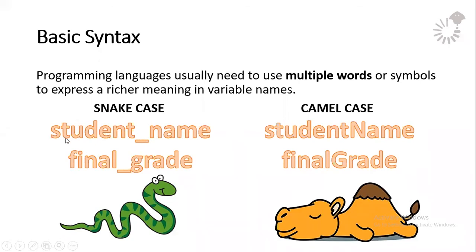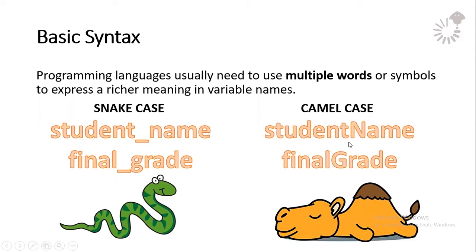Snake case means it runs straight on. And then camel case, like hourlyRate, instead of a space, it removes the space and capitalizes the first letter of the second word. So if you notice student, then capital N for Name. Final, capital G for Grade. So that is camel case.